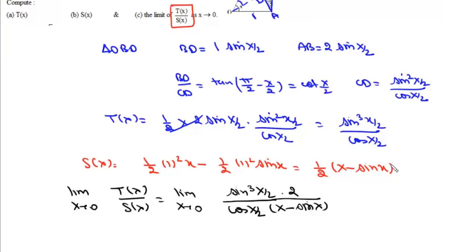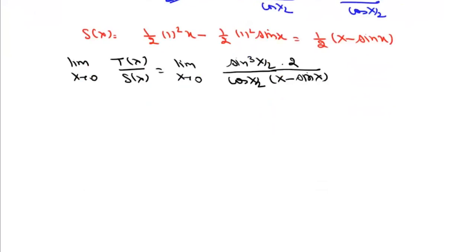Now we'll solve this question using series expansion. Now it will be this limit x tends to 0 and here will be this x by 2 whole cube upon factorial 3 into 2.